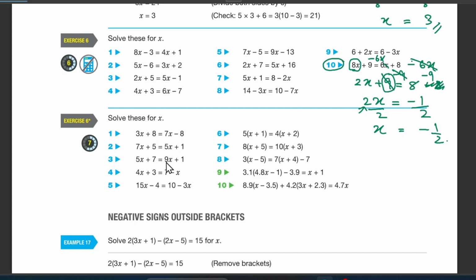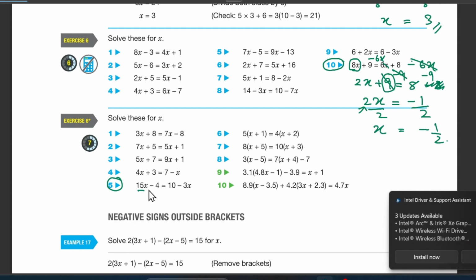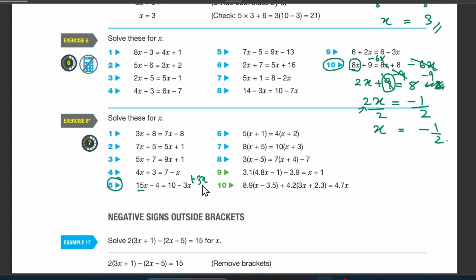And then I'll do the fifth one. So we have the largest positive term of x in the left hand side, so I keep it here. So I have to add 3x to both sides to get this term to the left hand side. Okay, these two cancel out. I have 18x minus 4 equals 10.